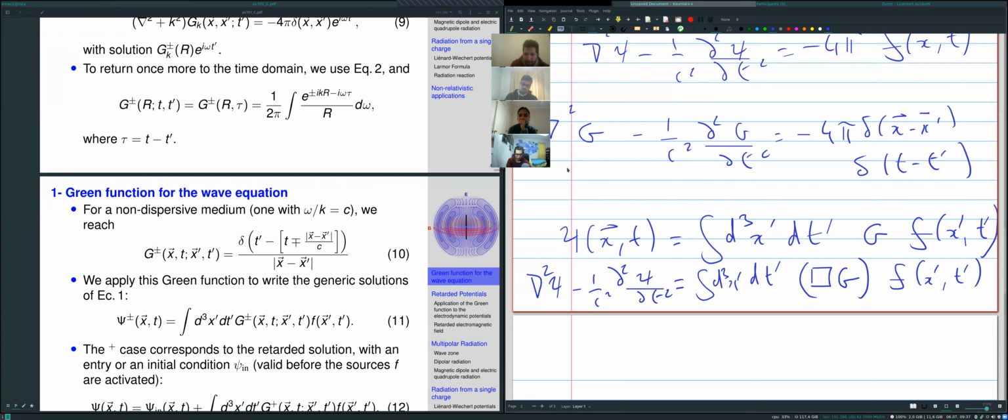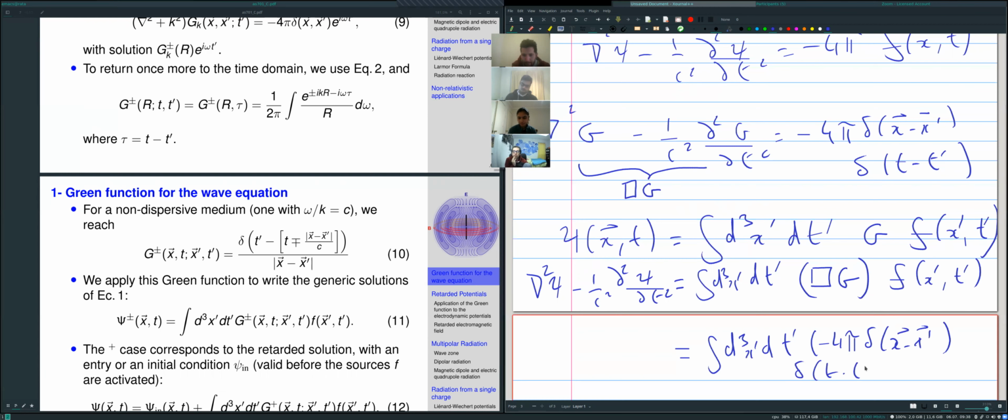Now, this is the D'Alembertian of g, and this yields these delta functions. So on the right-hand side, we have the integral of dt d3x prime dt prime of minus 4 pi, the delta function in x minus x prime, times the delta function in t minus t prime, and that times the source term.